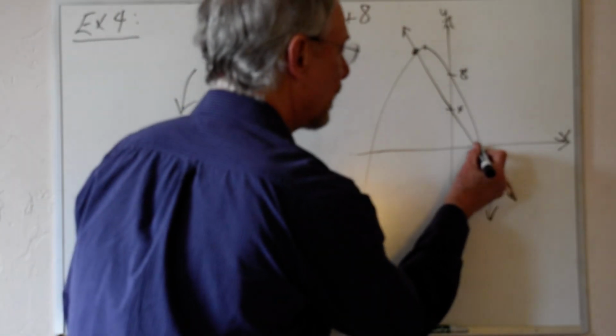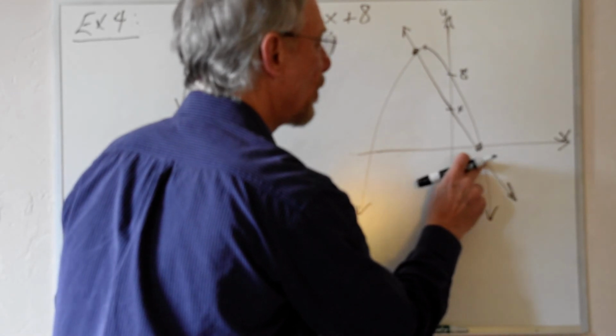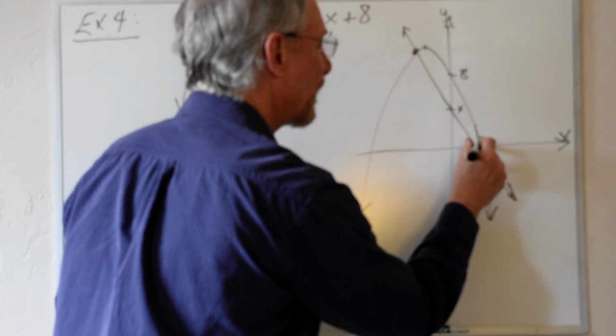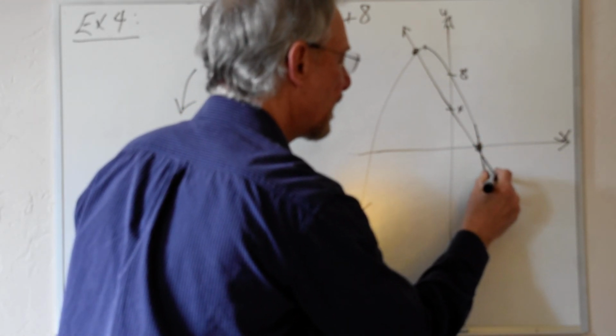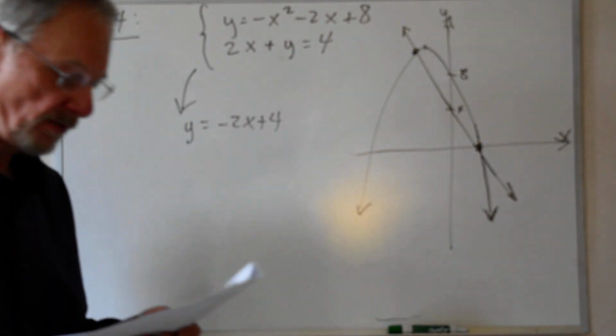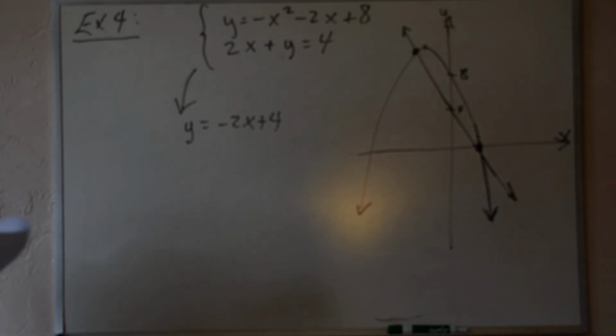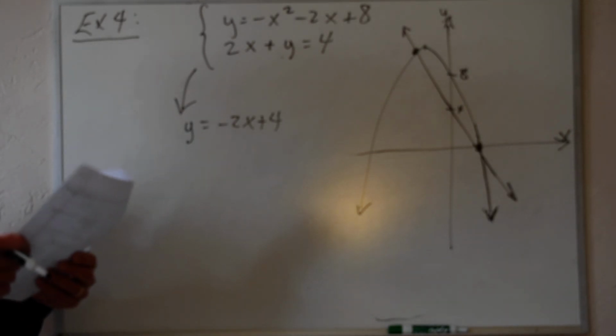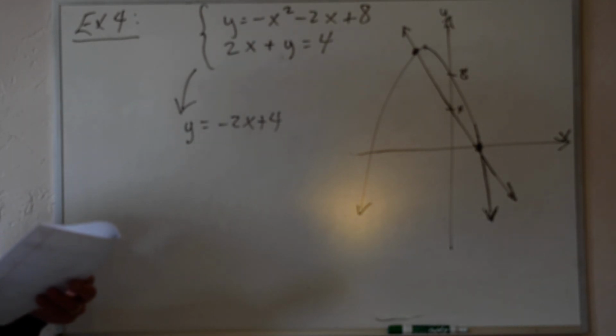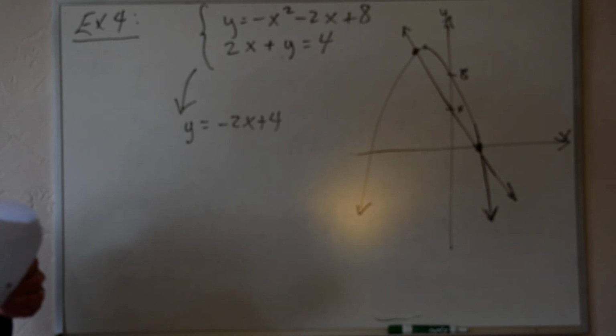So actually this should have occurred on the x-axis. I didn't draw it perfectly accurately. And this is figure 7.27 in your textbook on page 575. So that's how you can use the calculator or the computer program to solve your problem.